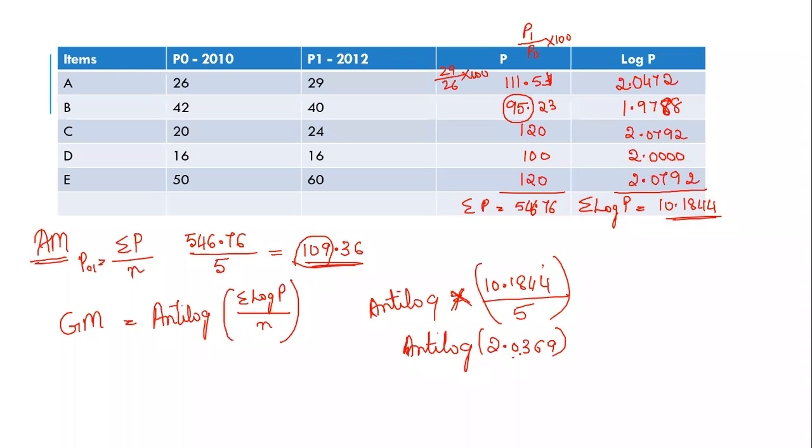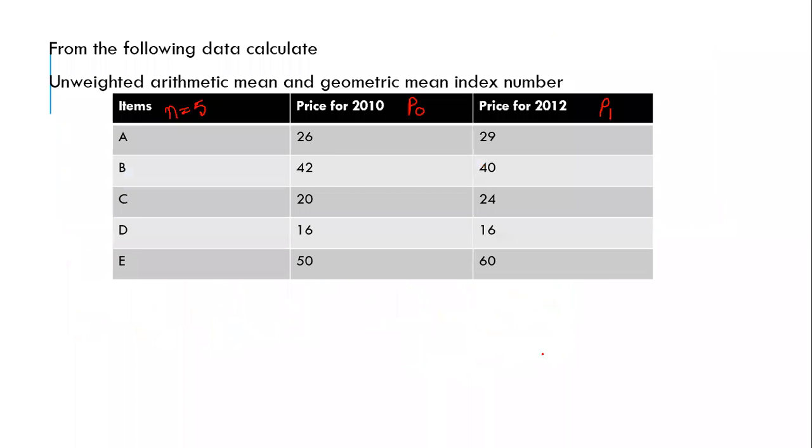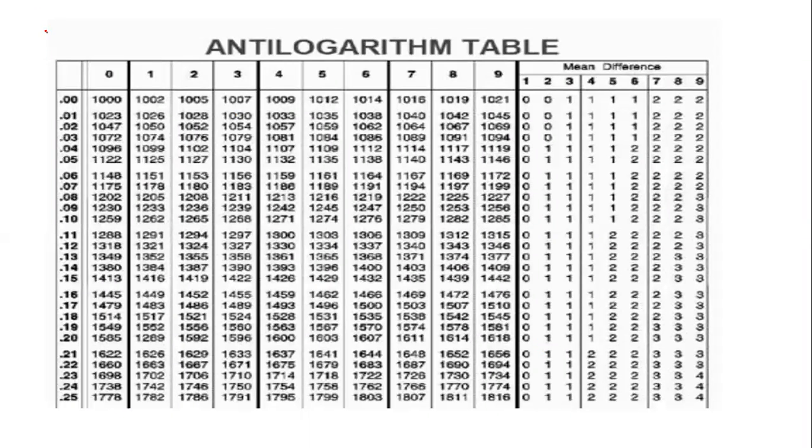Okay, that is 0.0369. Again you divide this first for 2 digits, that is 0.036 and 9. First you see 0.03, in the 6th column.